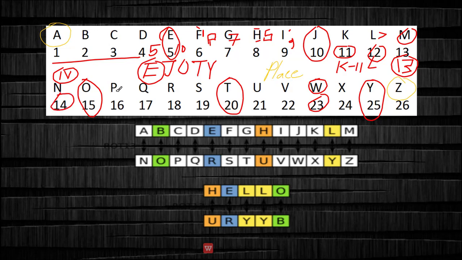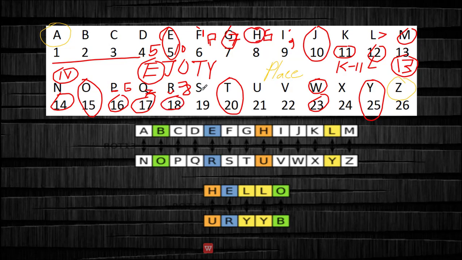P again you can mention as the inverse position of 6, so 16. Then Q is just 10 more than G, that means G is 7, and Q is 17. R is 18, so if we join this, we will get 8, and we already got the 8 by H, so R may be considered as 18.